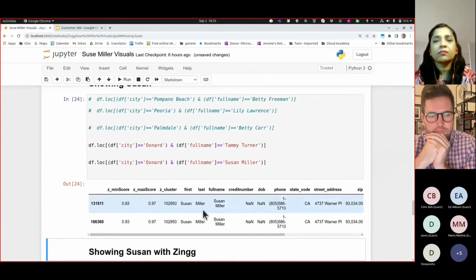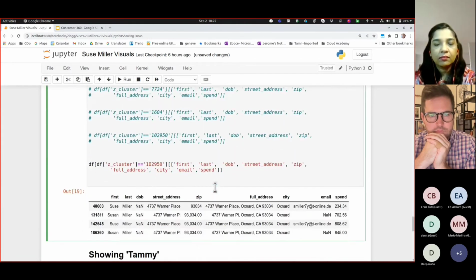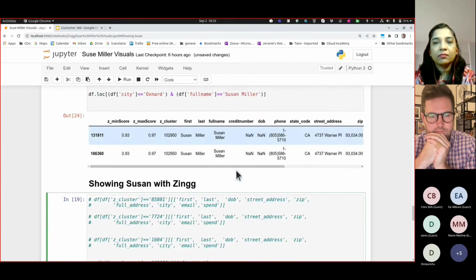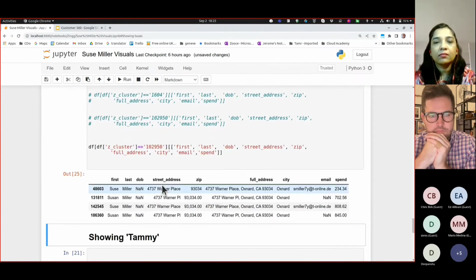Here, if I'm showing Susan, there were two Susan Miller at the beginning. If I'm showing Susan with Zingg, what's going to happen is this. Okay, we now have four records. I'm not showing you the cases where we have 20 records together, because I want things to be simple here.